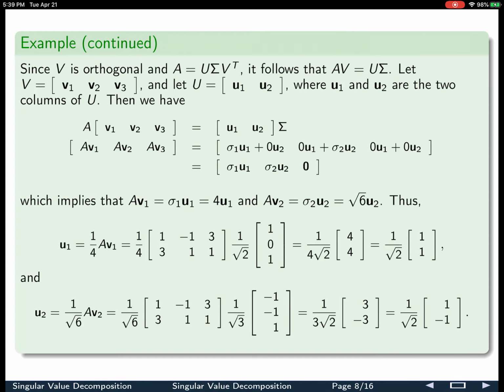Then you're able to use some algebra to find out what U1 and U2 are, the columns of U. Honestly, though, I would just find the eigenvectors of A A transpose the way that we normally do, just looking at the null space of A A transpose minus lambda I.